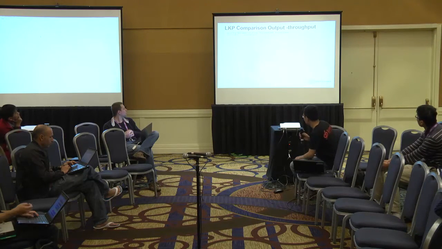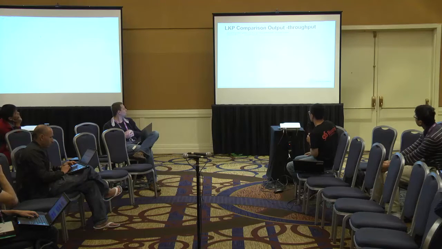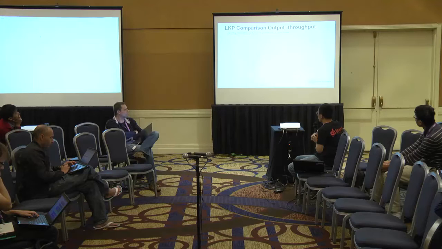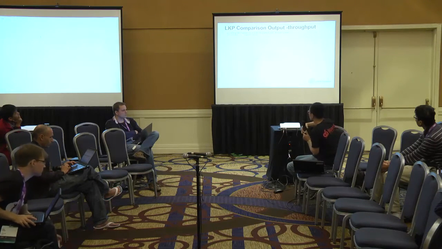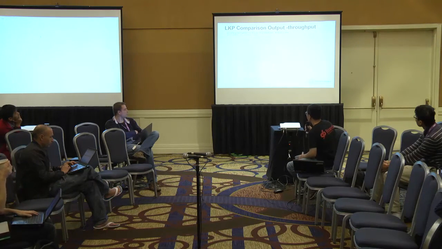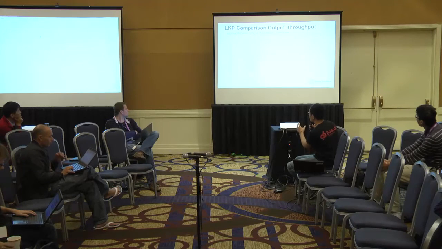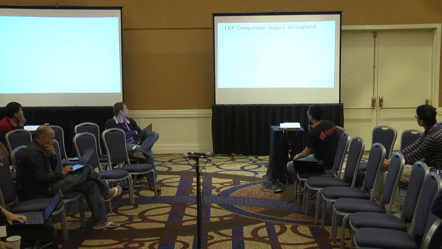This slide is a comparison of the throughput. It's two commits. The first commit is the kernel mainline with 4.2-rc6, and the last one is with 4.2. Between these commits, we can see that some throughput decreased, marked in red color.